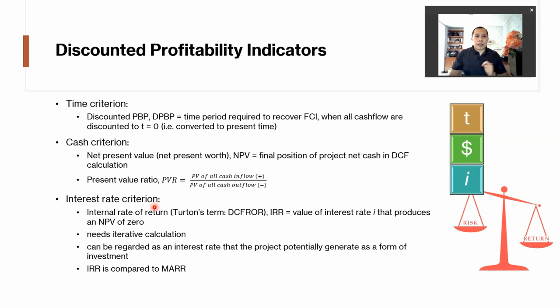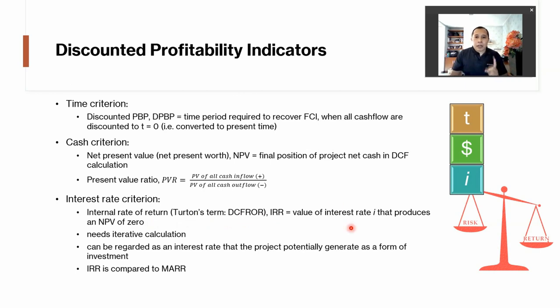And the third one, interest rate criterion, we have IRR, internal rate of return. If you look at Turton's book, the term is quite a bit longer. They call it DCF ROR, discounted cash flow rate of return. Now, I should tell you that IRR is a much more popular term than DCF ROR, and mathematically they're the same.